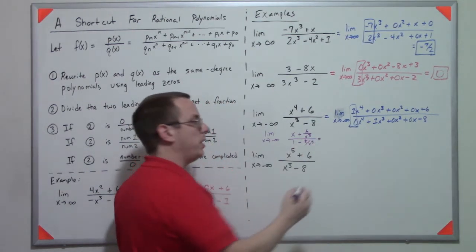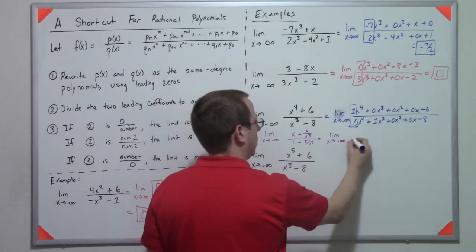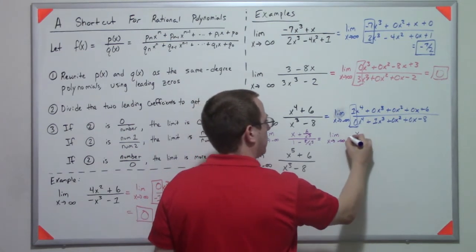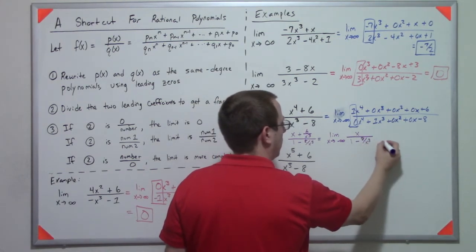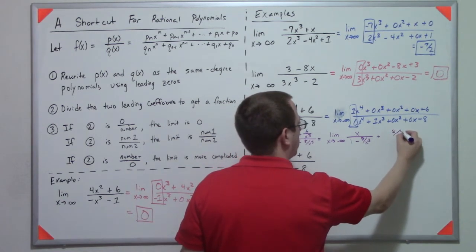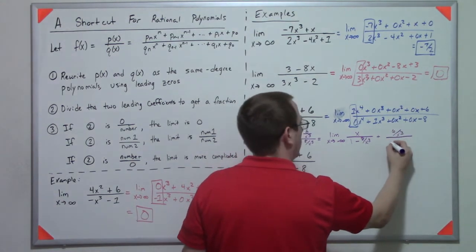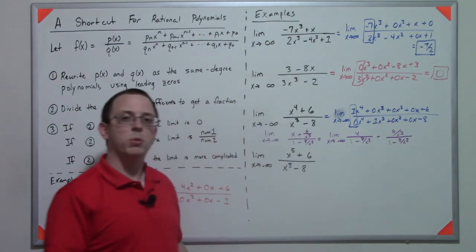So I'm going to separate that into two limits, x over 1 minus 8 over x cubed, and 6 over x cubed over 1 minus 8 over x cubed. I'm going to separate those two.